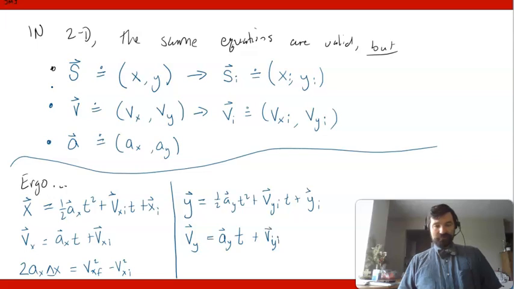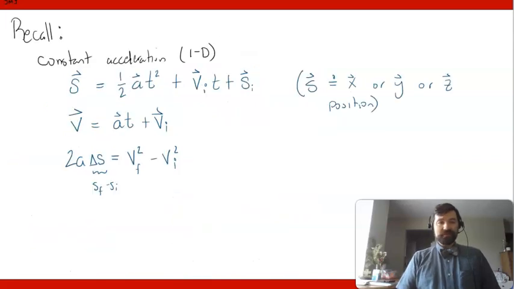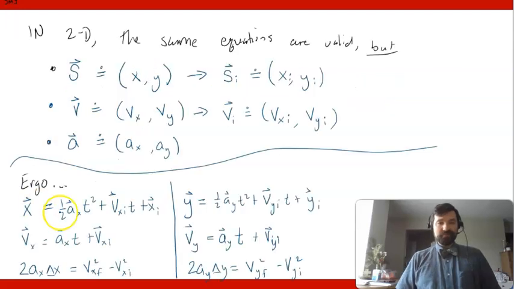And I could write my last equation, my time-free equation, as 2 ay delta y equals vy final squared minus vy initial squared. So instead of having 3 equations as I did in 1 dimension, I end up with 6 equations in 2 dimensions.